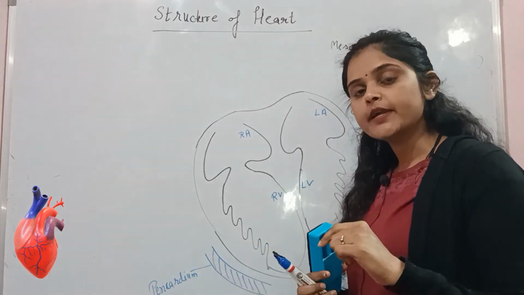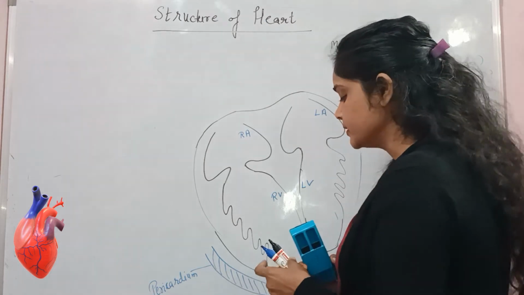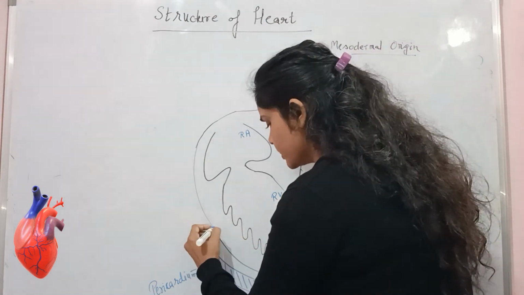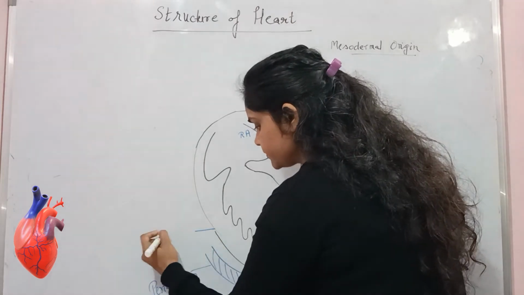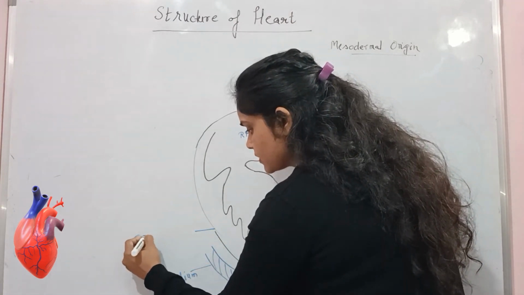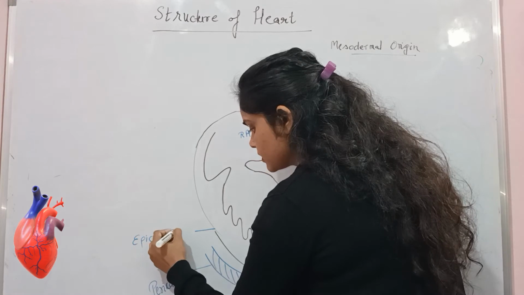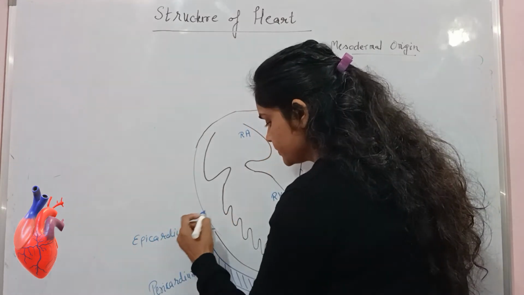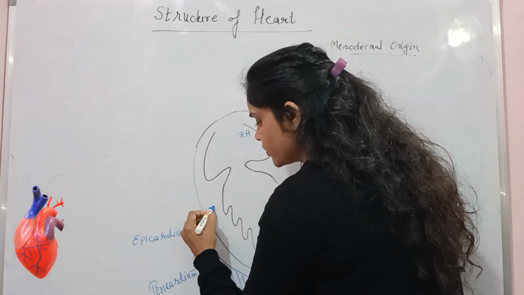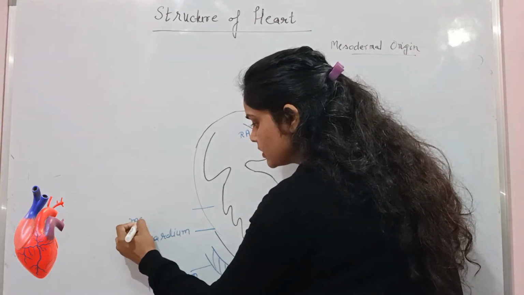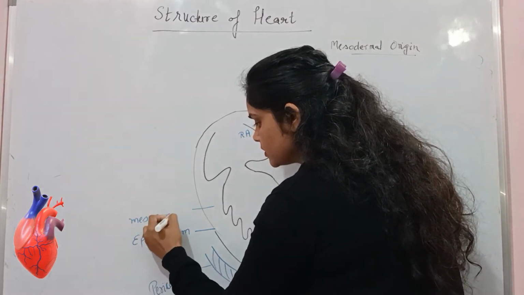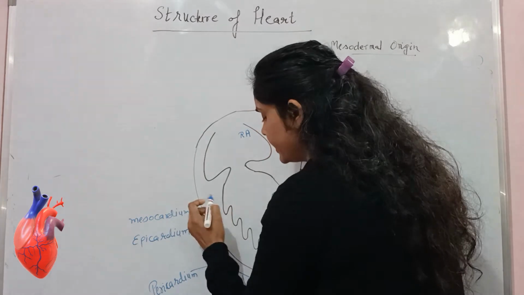Besides it, it is also having the 3 layers. Okay, human heart is having how many layers? 3 layers, in which outermost is what? The epicardium. Middle one is what? The mesocardium, and inner one is what?